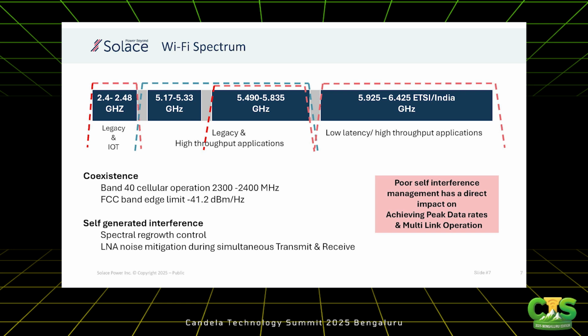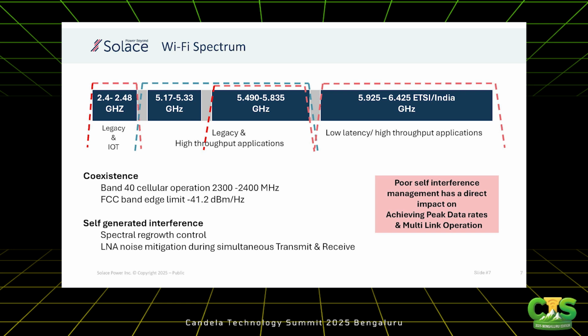So to develop a dual band, tri-band, or quad band architecture, a lot of filtering is used to split the bands. I have shown some examples here with these red blocks where you definitely split the 2.4, you split the 5, you split the 6, sometimes you split the 5 into half, sometimes you split the 6 into half. And it all depends on how many concurrent bands you want to support on the router.